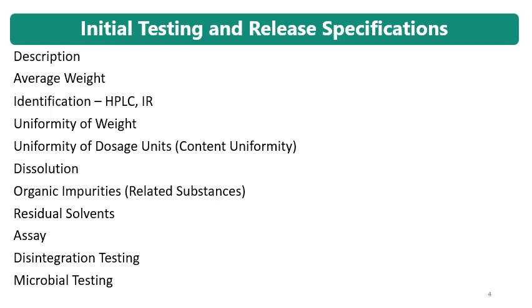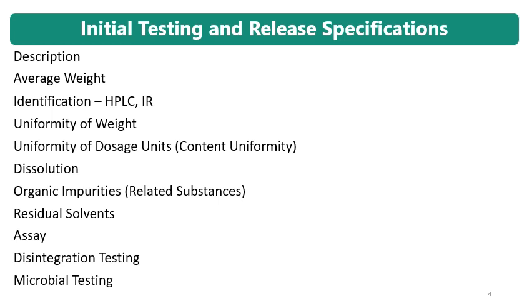So at initial, the description is tested, the physical appearance of the formulation is checked, whether it may be tablet or capsule. Then average weight. Then identification is done by HPLC and IR. So the identification test involves two different principles, HPLC and IR.